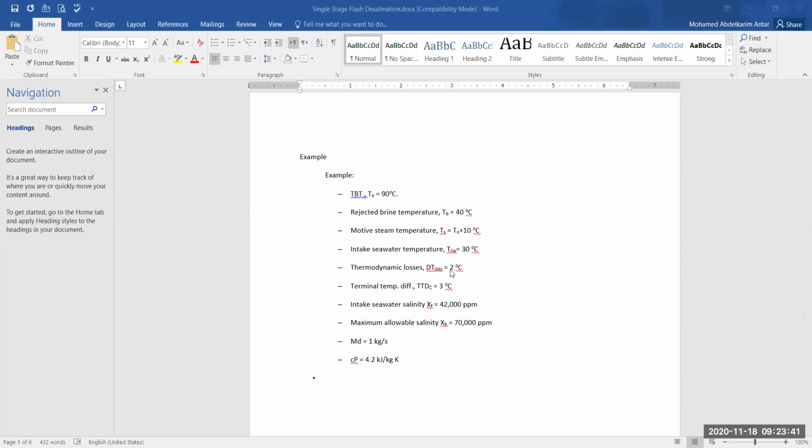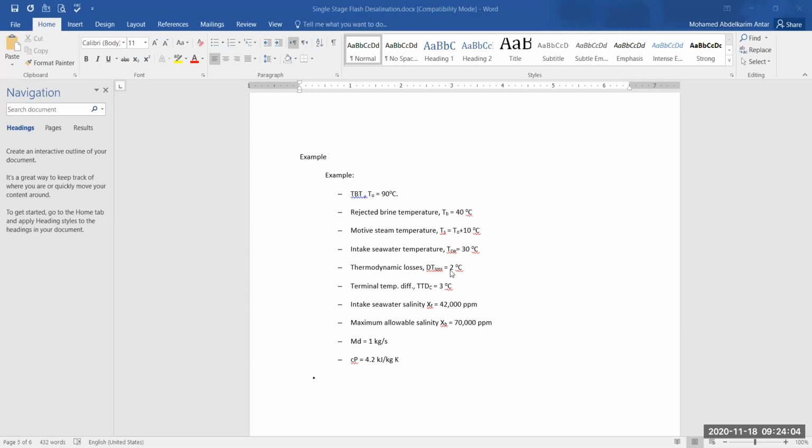We are talking about a top brine temperature of 90, rejected brine temperature of 40, steam temperature of the top brine temperature plus 10, so it's about 100 degrees centigrade. Intake seawater temperature is 30 degrees centigrade.